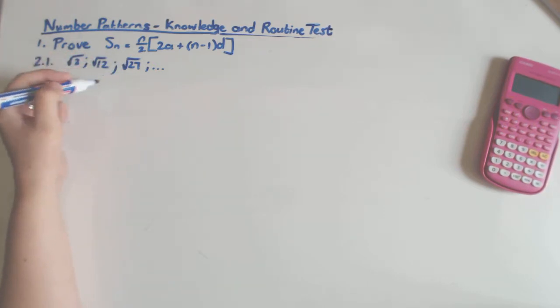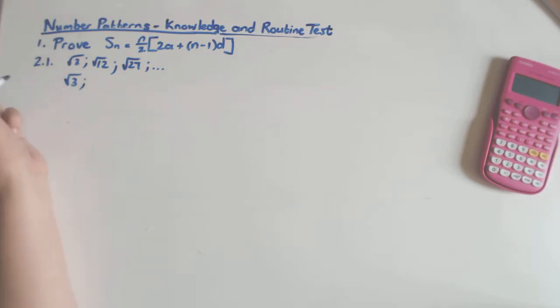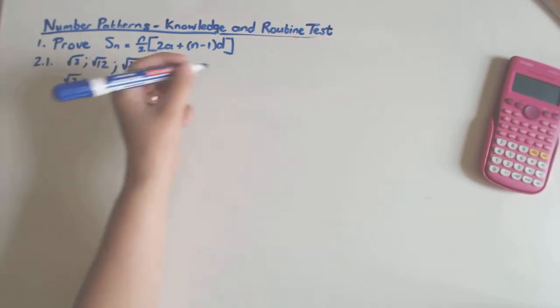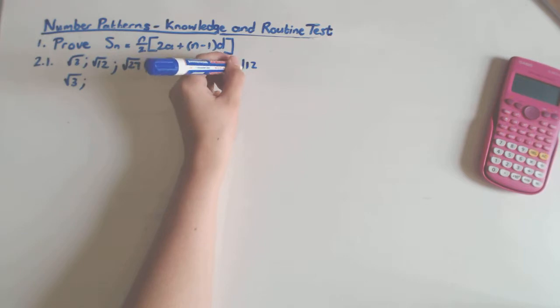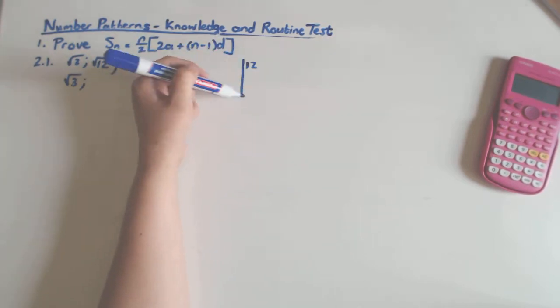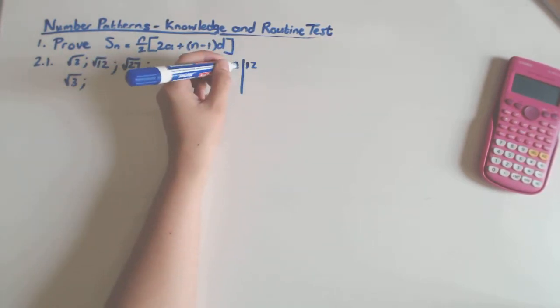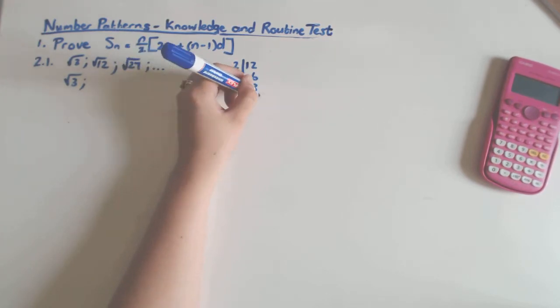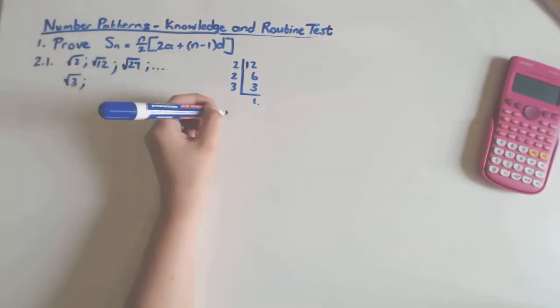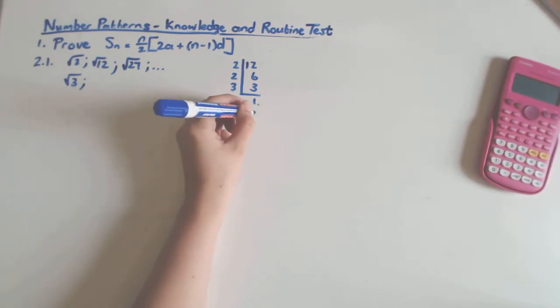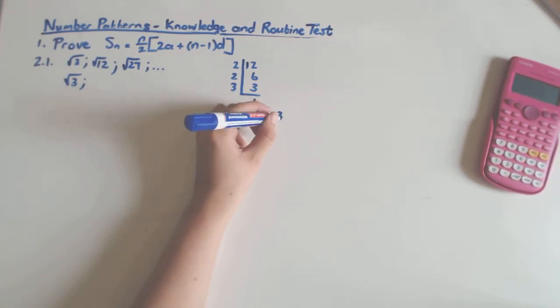I'm just going to simplify this a little bit first. Root 3, there's not really much I can do about it. Root 12, I can write as a product of prime factors. 12 divided by 2 is 6, divided by 2 is 3, divided by 3 is 1. So 12 is 2 squared times 3.